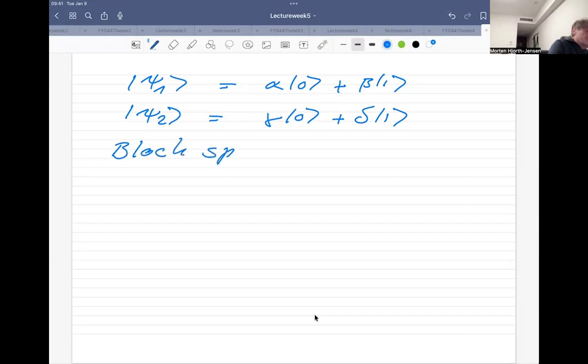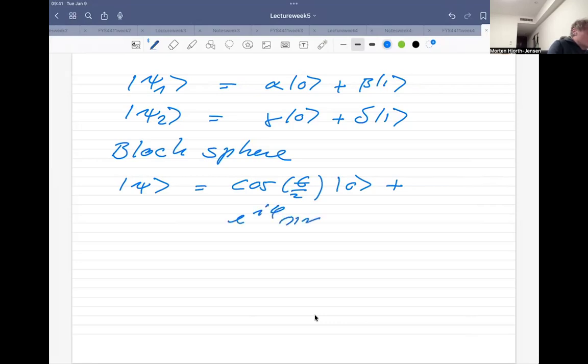So if we look at the Bloch sphere for one qubit, we know that the general state, psi, can be written in terms of angles, which then define a given position on the Bloch sphere. And then we would have e to the i phi multiplied with sine of theta half times 1.